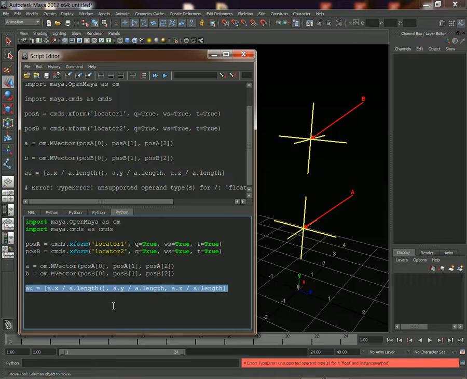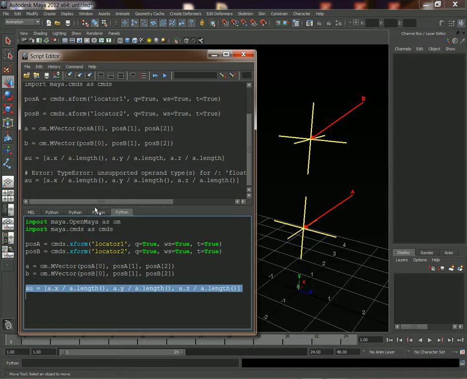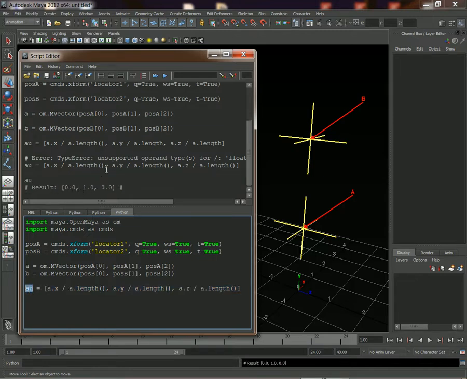And what that gives us, I forgot to put the parens at the end of these two lengths. And so that gives us AU, which is 0, 1, 0.